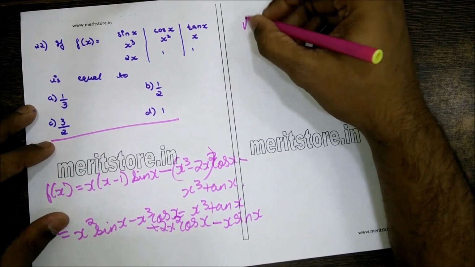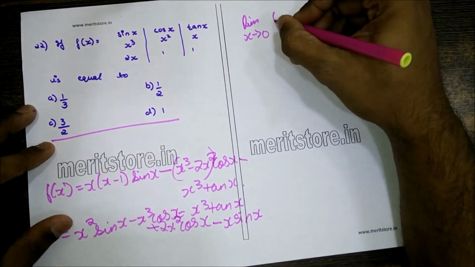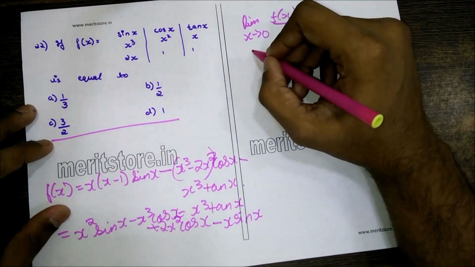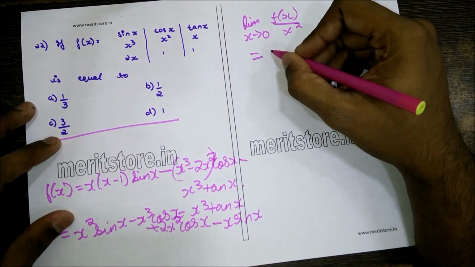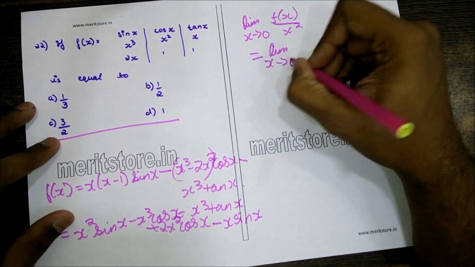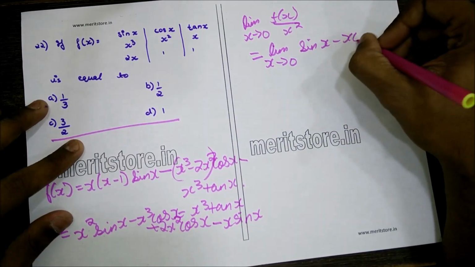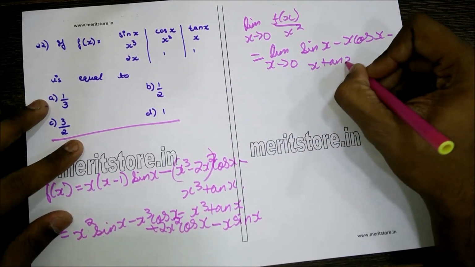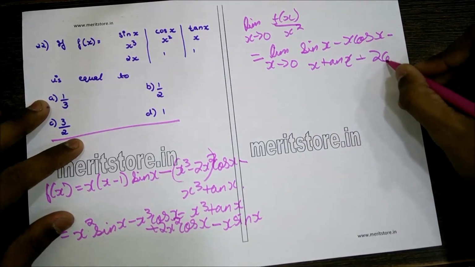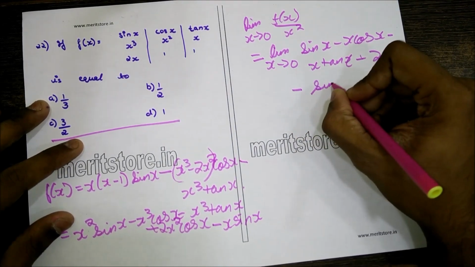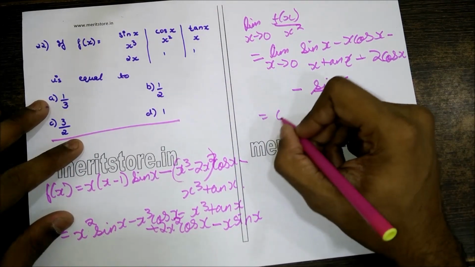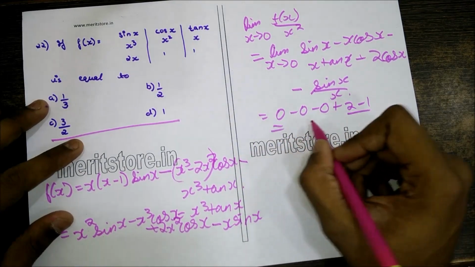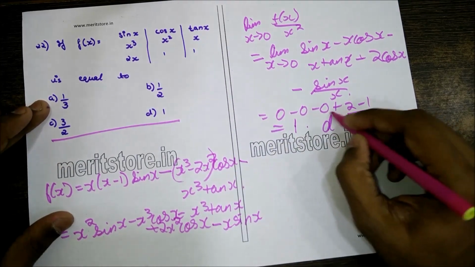Hence the limit x tends to 0, f of x by x square is equal to limit of x tends to 0, sin x minus x cos x minus x tan x plus 2 cos x minus sin x by x, which is 0 minus 0 minus 0 plus 2 minus 1, and that is equal to 1, which is option D.